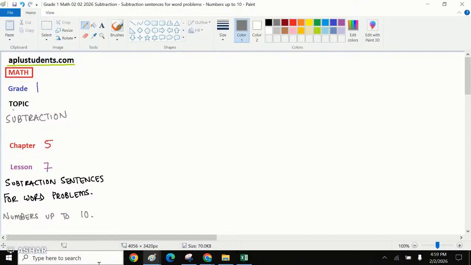So we'll be doing subtraction and we'll be looking at word problems. Let's go to grade 1, chapter number 5, lesson number 7.